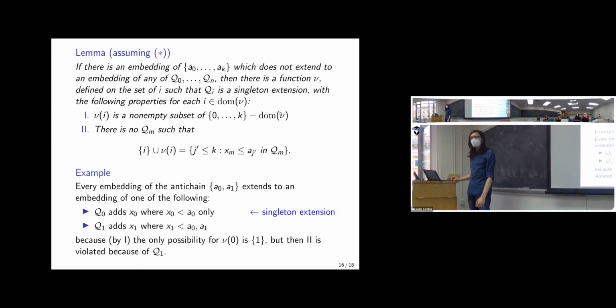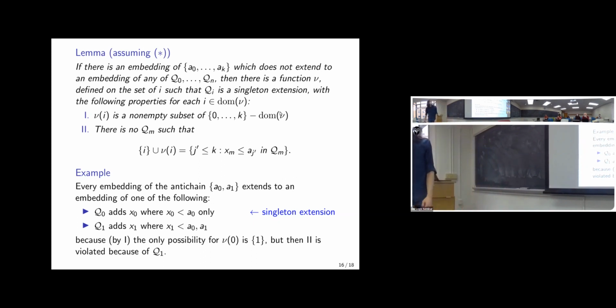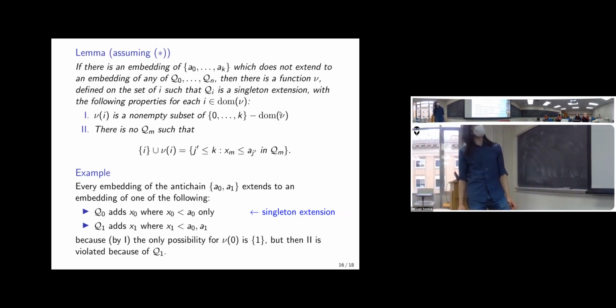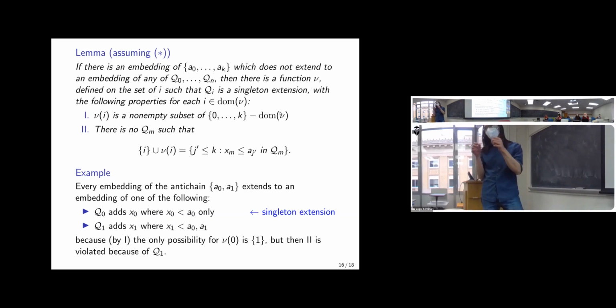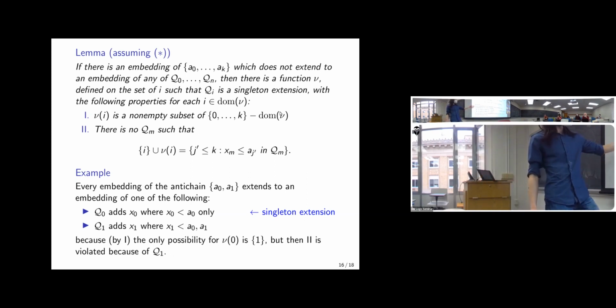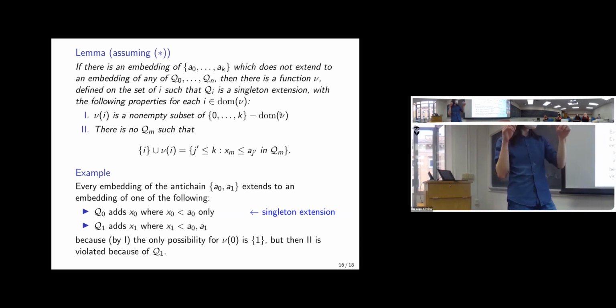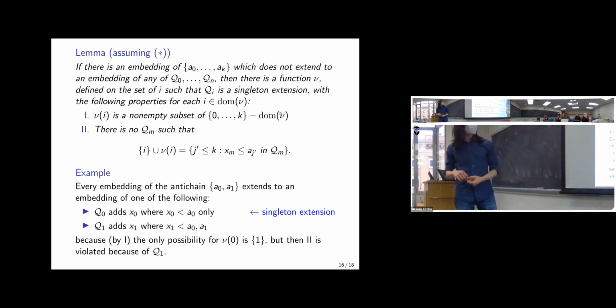Let's do an example just to get an idea as to what this lemma is saying. Let's consider the case where k is just 1. So we have A0 and A1, a 2-element anti-chain. Here's a fact: every embedding of the anti-chain A0 and A1 extends to an embedding of one of the following two orderings, Q0 and Q1.